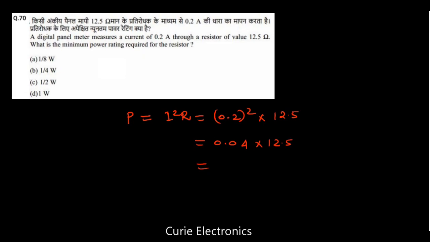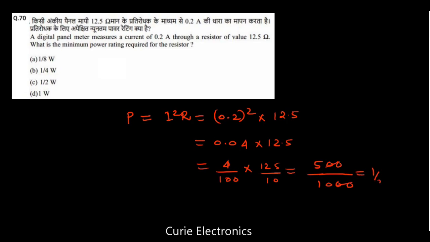Now, for simplifying the calculation, I can write it as 100 upon 4 divided by 100, multiplied by 125 upon 10. Correct? We have to do it without a calculator. Once you write it like this, 4 into 125 is 500. 500 upon 1000, what do you get? 1 by 2.